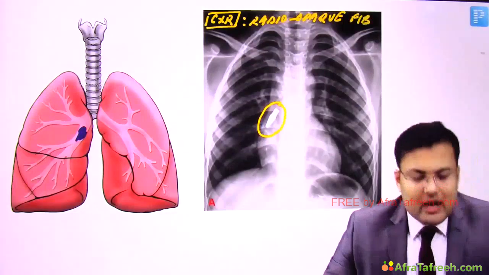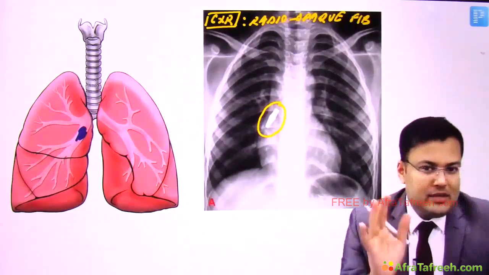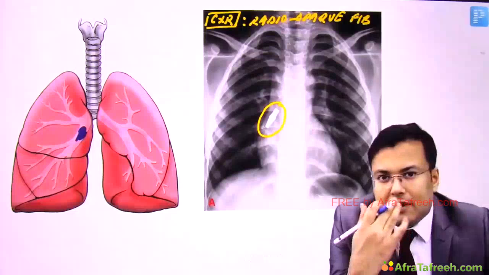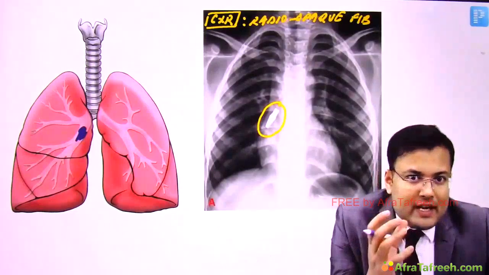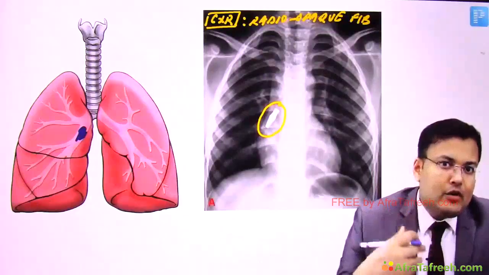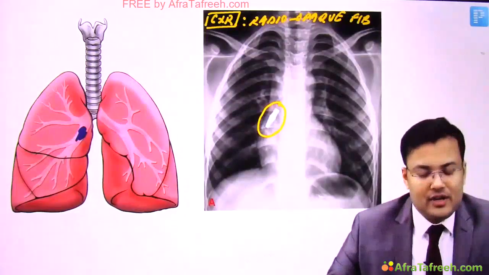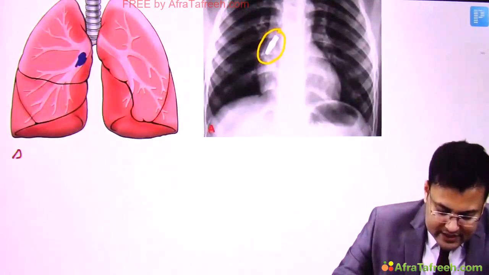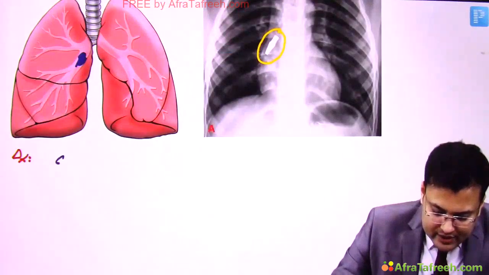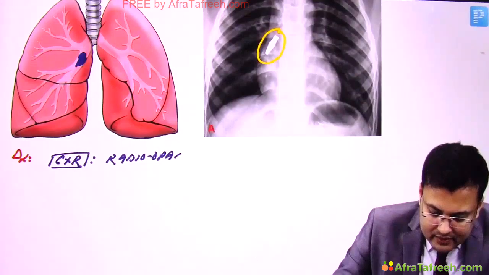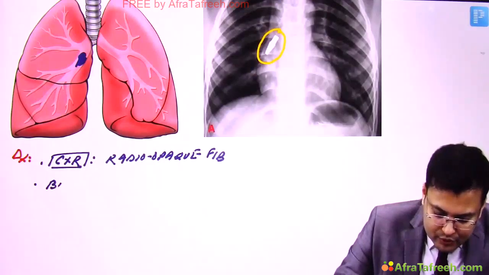Clear? Now how are we going to confirm the diagnosis? In the majority of cases it is in the right mainstem bronchus, so we perform rigid bronchoscopy. With the help of rigid bronchoscopy we confirm the diagnosis, and simultaneously we remove the foreign body. So we saw that on chest x-ray there is a radio opaque foreign body, and bronchoscopy is performed.